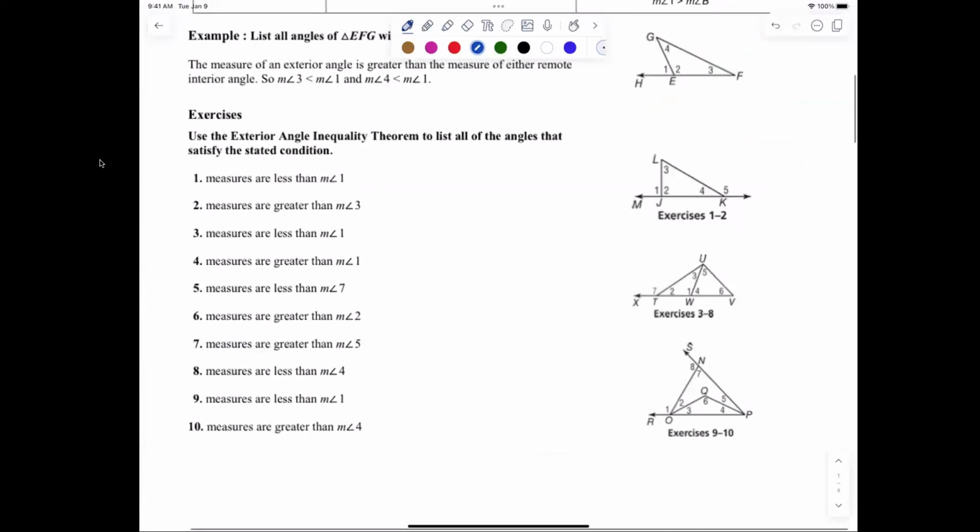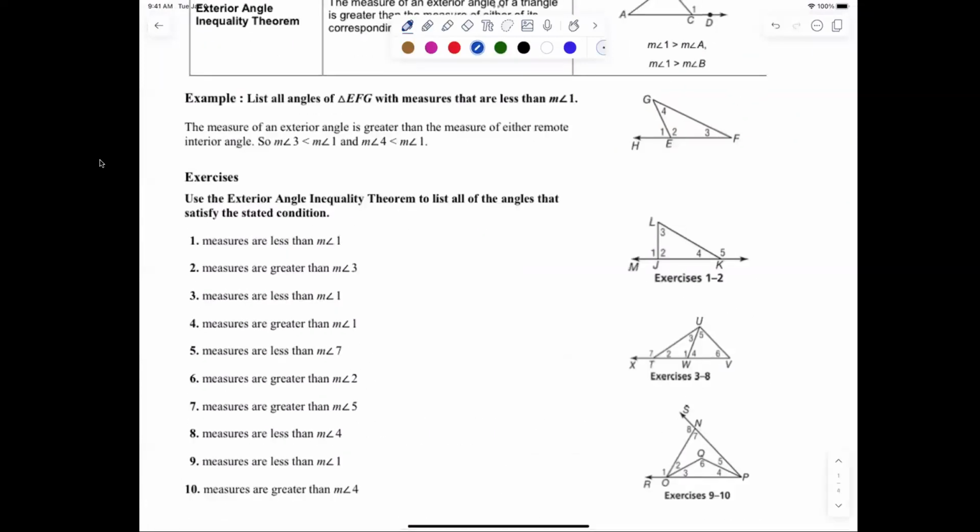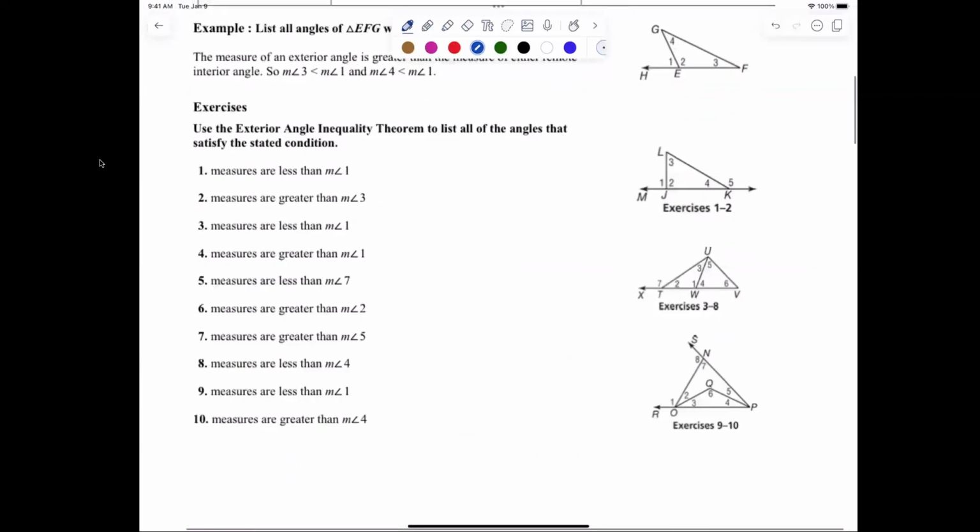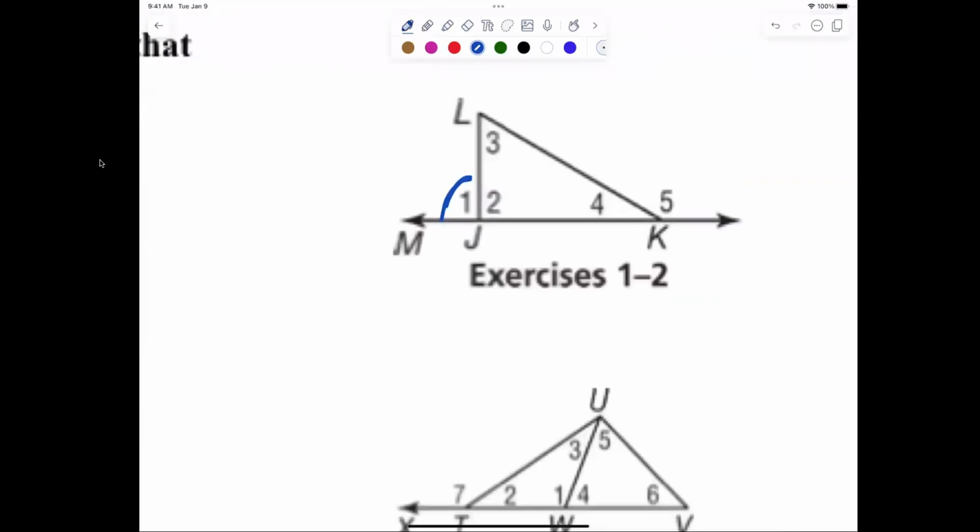So over here, one basic rule. We'll start with number 1. We want to try to figure out the measures that are less than angle 1. Now here's where people always have trouble. I'm going to blow this up a little bit. Can I say anything about 2's relationship to 1?